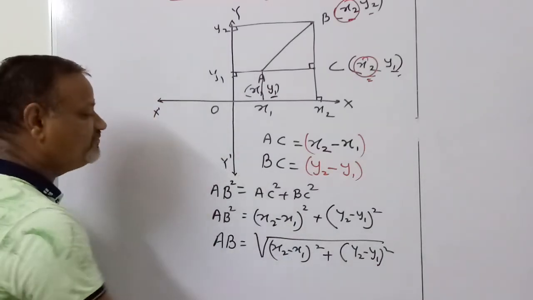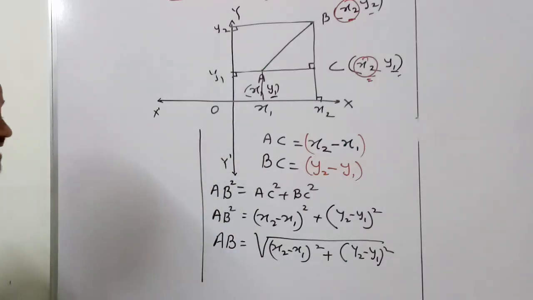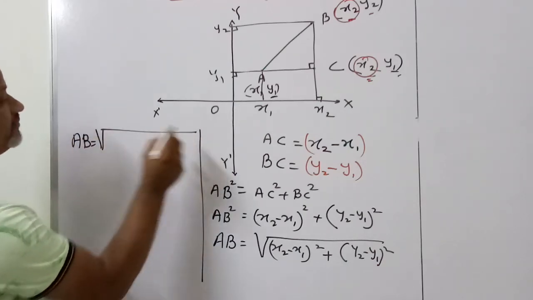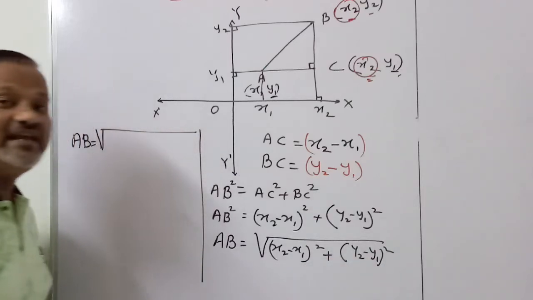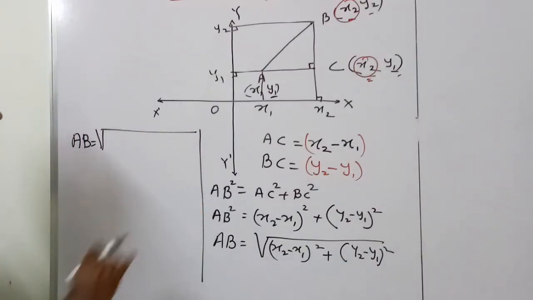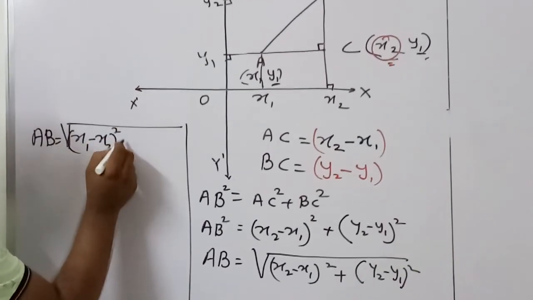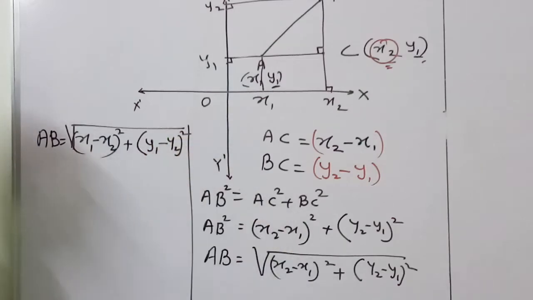Therefore, the same formula can be written as, how can we write the same formula? AB is equals to square root of, अब यहां पे x2 minus x1 है तो y2 minus y1 लिया, इसी फॉर्मूले को ऐसे भी लिख सकते हैं x1 minus x2 whole square plus y1 minus y2 whole square. Got it?